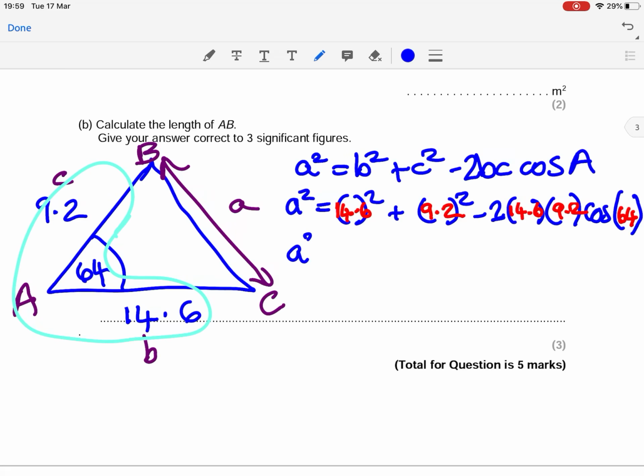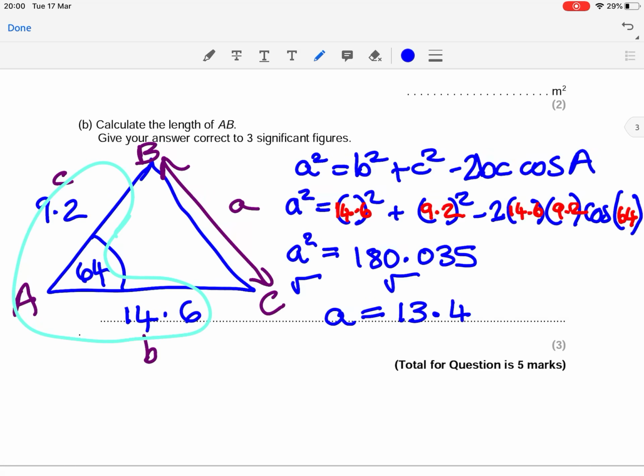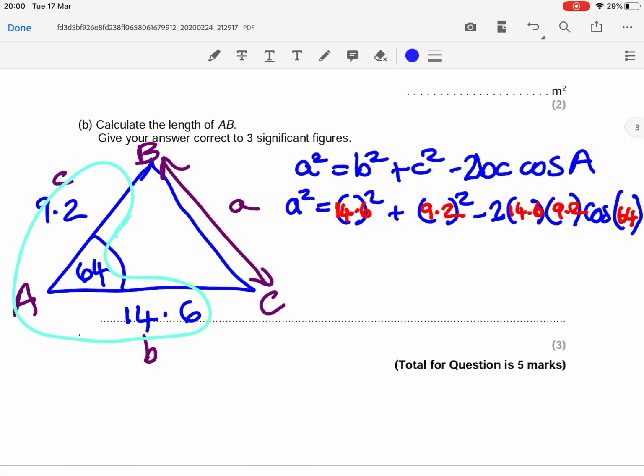So I put that into my calculator, my answer for A squared gives us 180.035. Square root both sides, and I get an A value of 13.4177. This question again is asking for 3 significant figures.